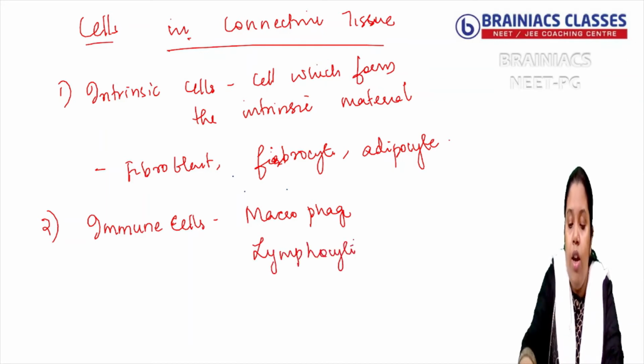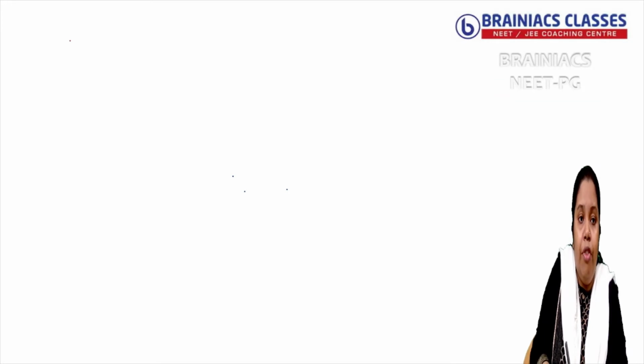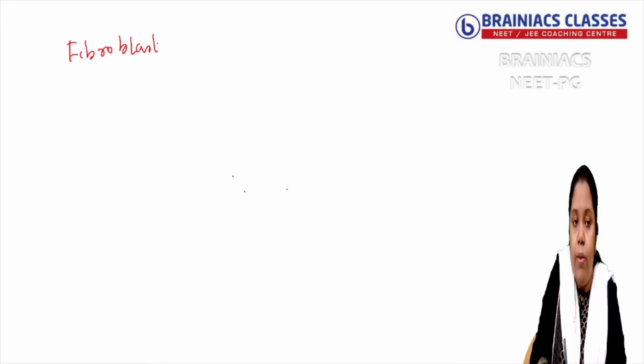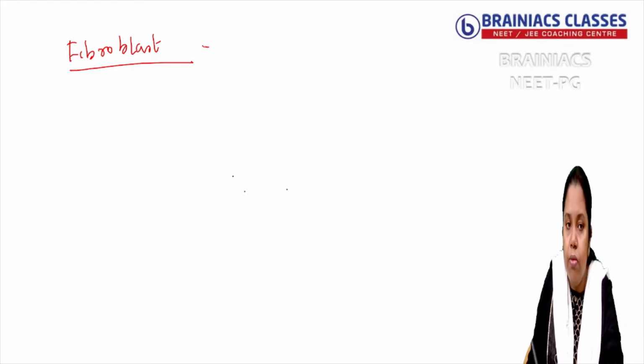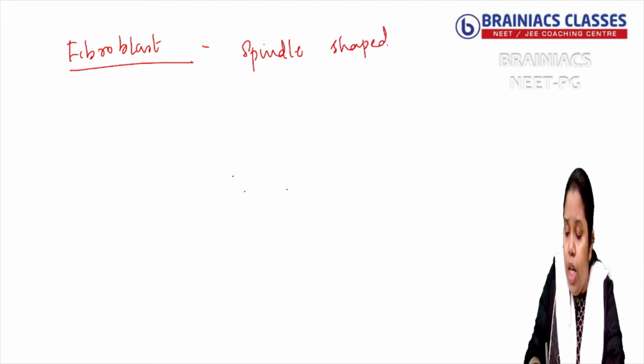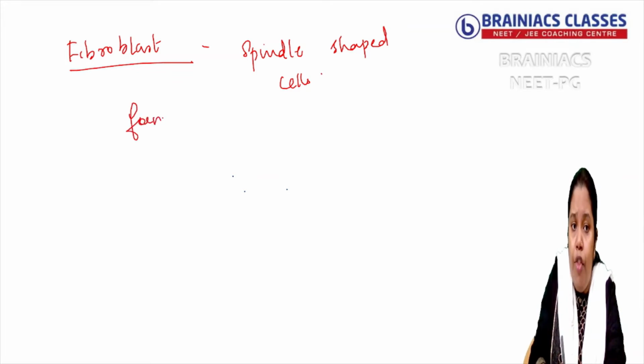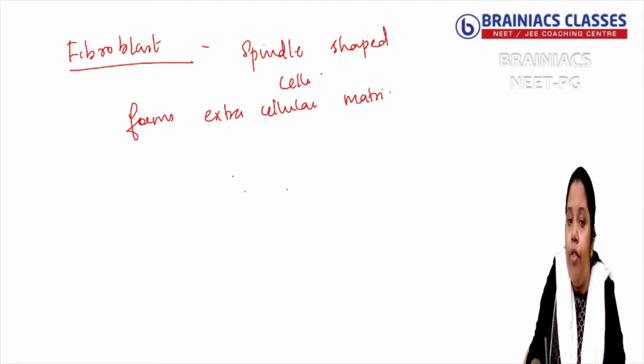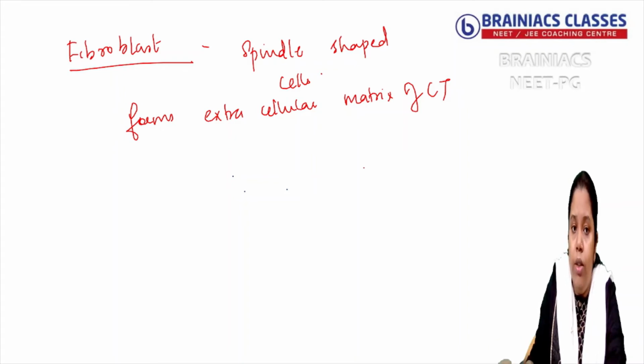So, I'll describe the fibroblast. Fibroblasts are spindle shaped cells which form the extracellular matrix of connective tissue, and they have a flat nucleus.